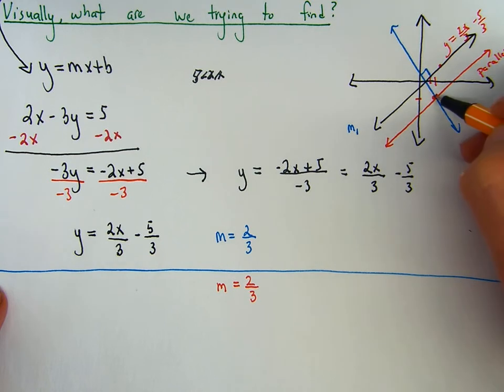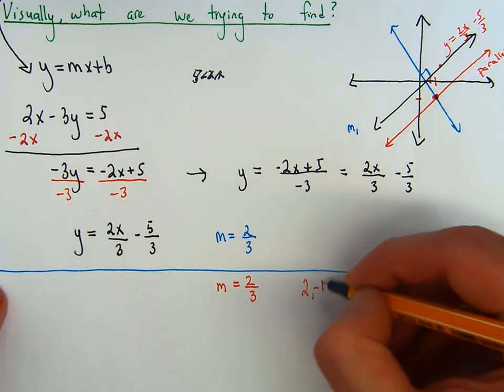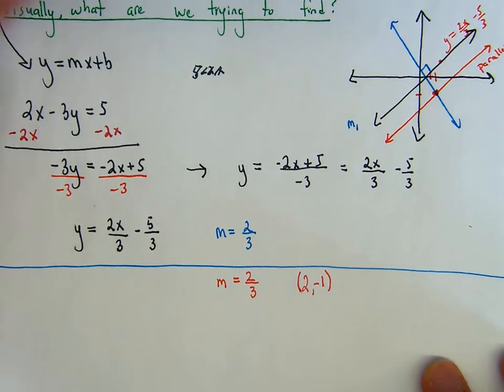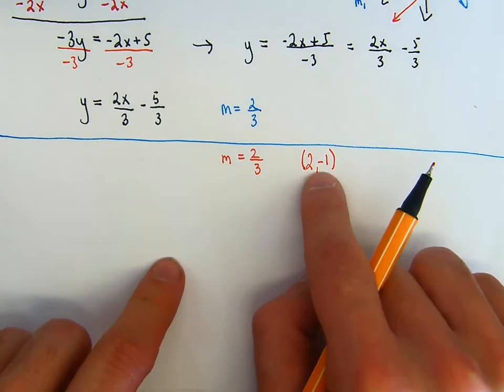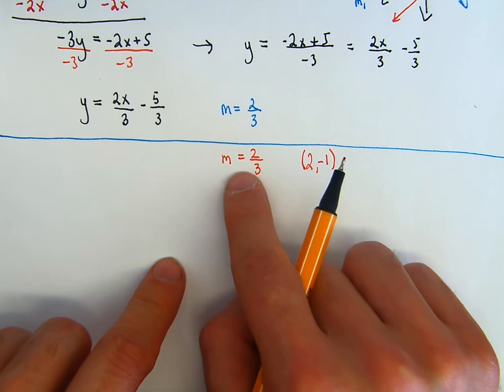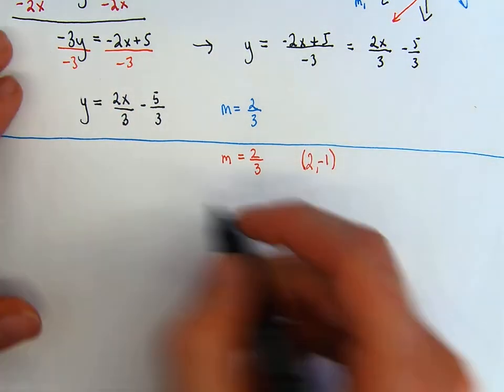And notice, what is the point that you want this line to intersect? You want it to intersect at (2, -1). So now, what are you given? You're given a point and a slope. So what can we use to create the equation of a line?